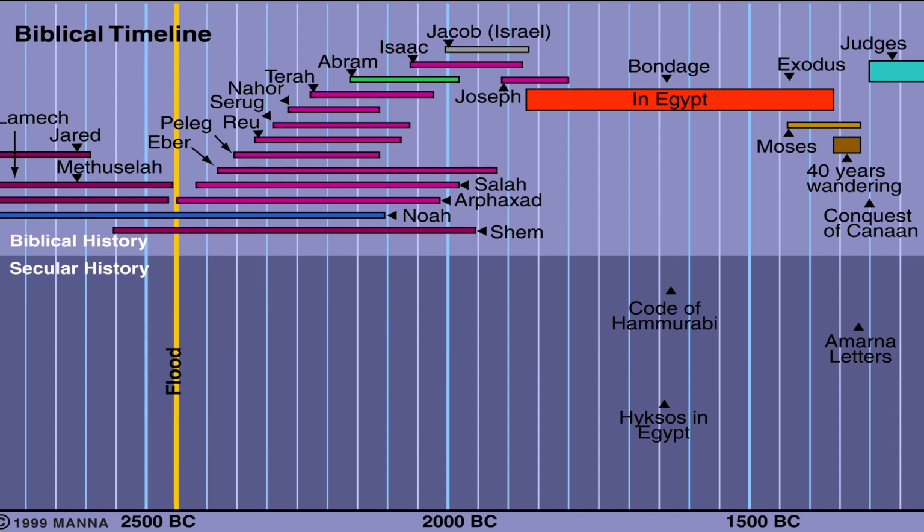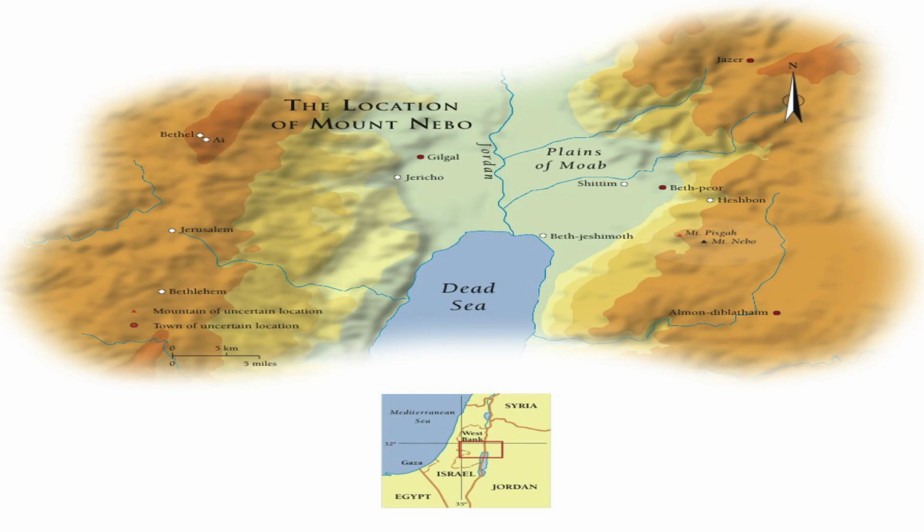Looking at the bars, you see the 40 years wandering, and then right after that, conquest of Canaan, then the book of Judges. Leaving off in the book of Deuteronomy, it ended with the death of Moses and the handing over of leadership to Joshua, Moses' second in command.